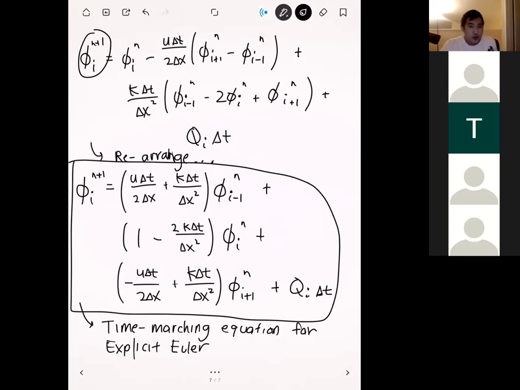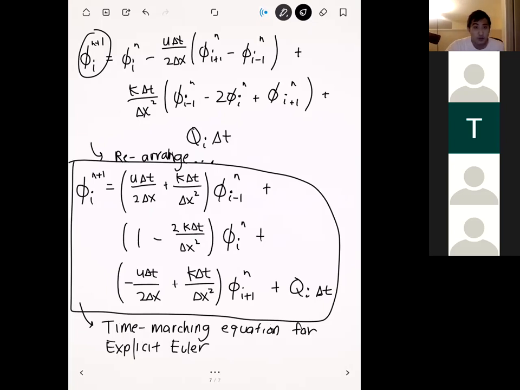And so the way that you're going to use this equation is that you'll see in the next example that once the problem is given to you, you'll be able to plug in the values for k, for u, for delta t and delta x, and you just get a simple algebraic equation that you can apply over and over again. Okay, and so it looks intimidating, I know, because it's a lot of different terms, but once you start plugging things in, it becomes pretty easy to work with.